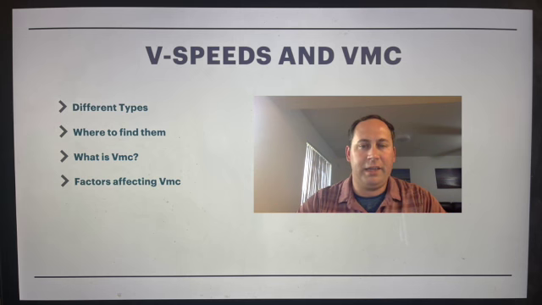So V speeds and VMC. Flying a multi-engine aircraft, you're going to have different V speeds than you would with a single engine aircraft. Now instead of just one, we're concerned about two engines and single engine operational speeds. A couple different types we now have are best engine climb speed, best climb with a single engine speeds.